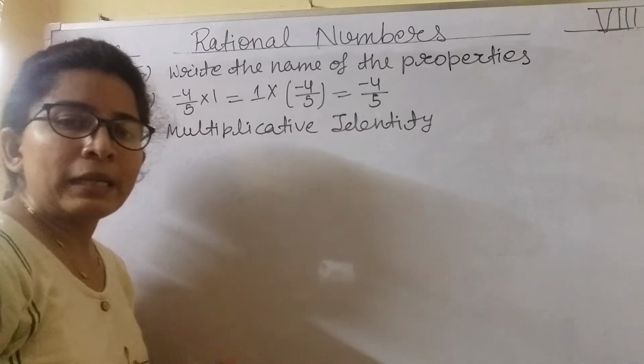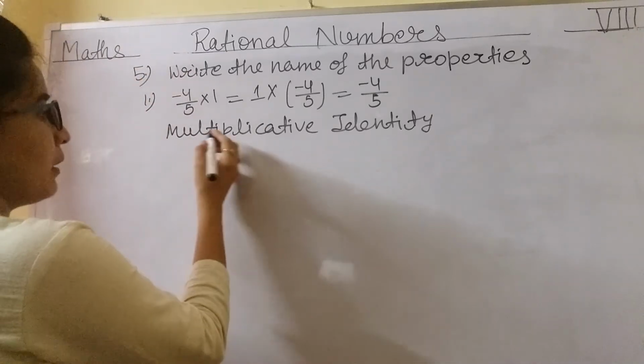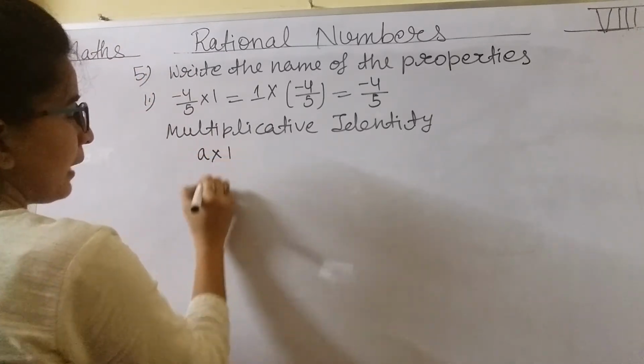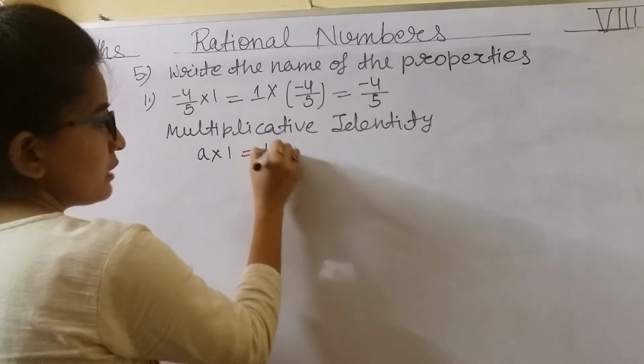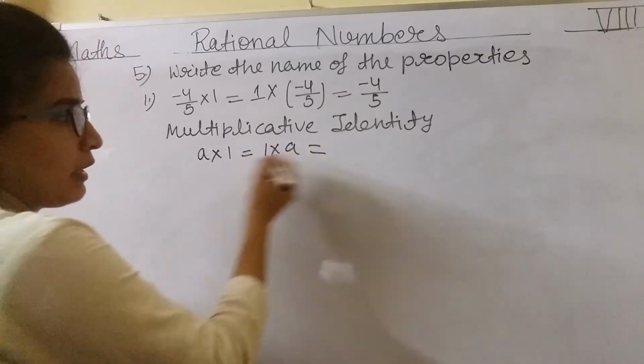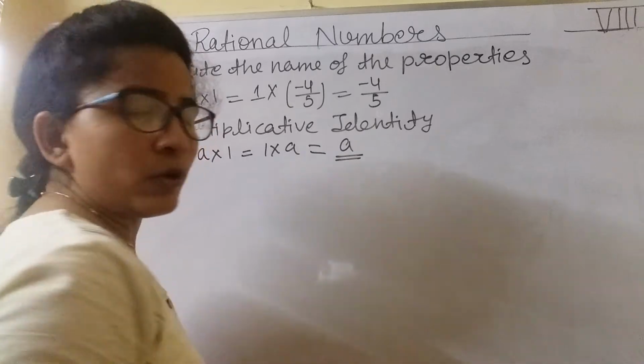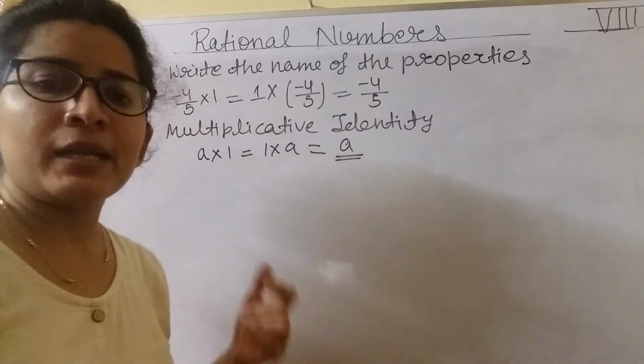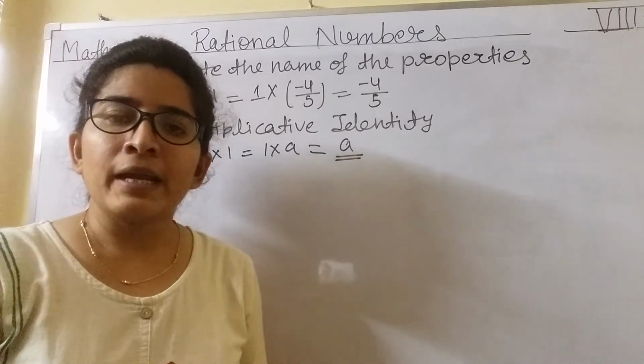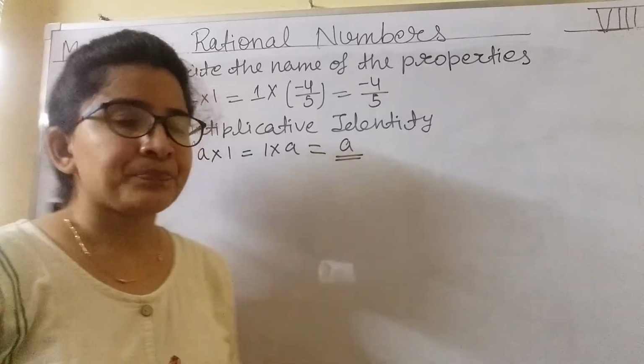So that is called the multiplicative identity. For any number a, a multiplied with 1 and 1 multiplied with a, we are getting a itself as a product. So that is called multiplicative identity, where we get the number itself as a product.